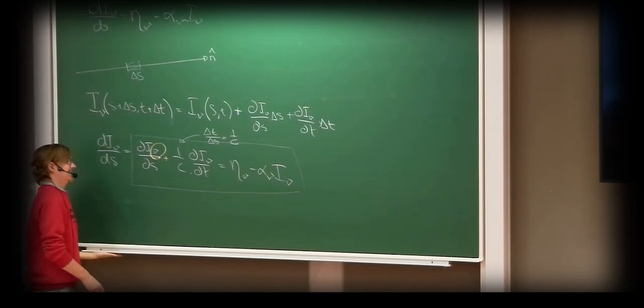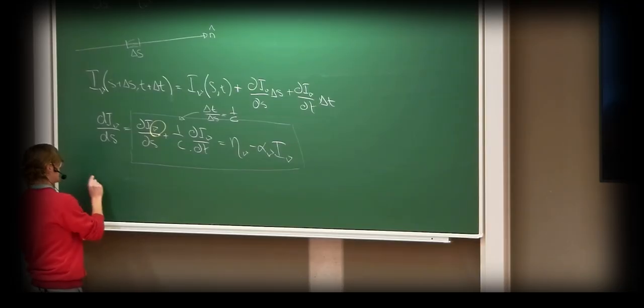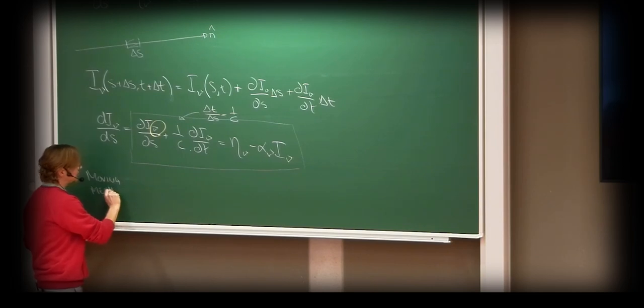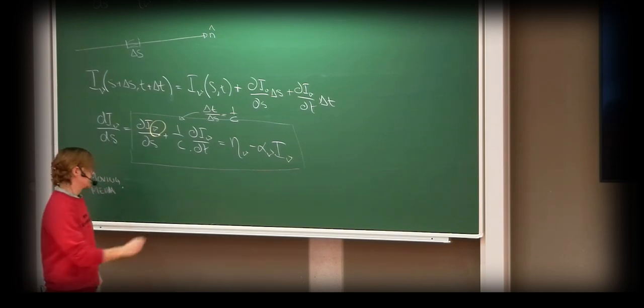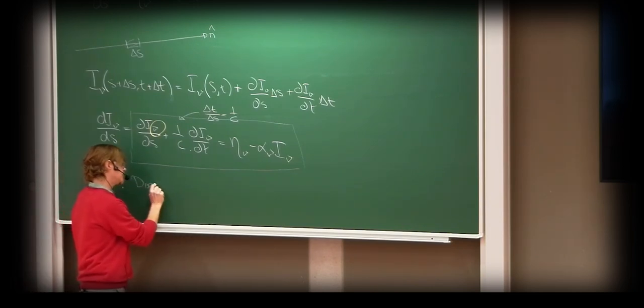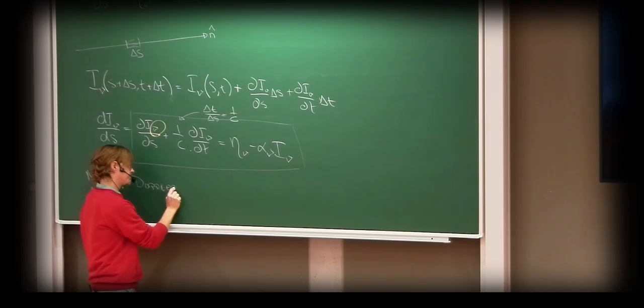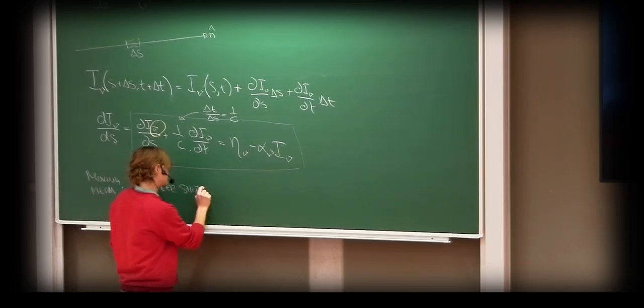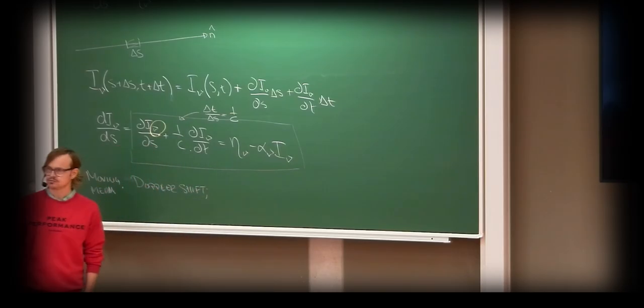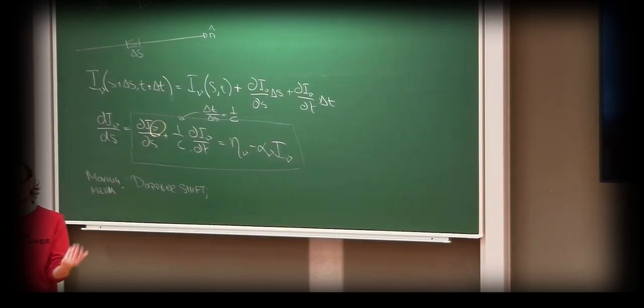Now, the thing is that at least when we have moving media, then that's no longer strictly true, because then we're subject to the Doppler shift. Yeah? We will come back to this Doppler shift later during the course when we discuss line profiles and line broadening in more detail.